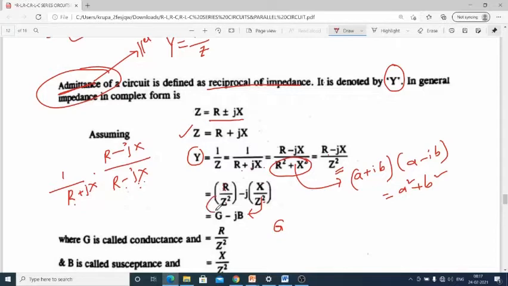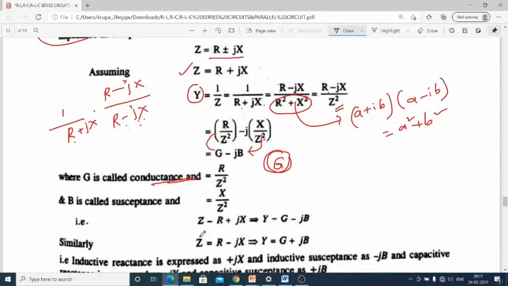What is meant by G? It is conductance. Okay, it is called conductance. In a similar manner, B is treated as susceptance, susceptance in parallel network. So if Z is equal to R plus jX, then Y is equal to G minus jB.